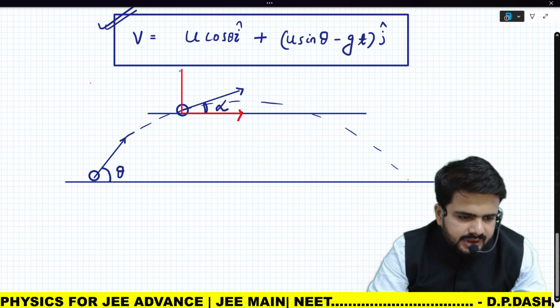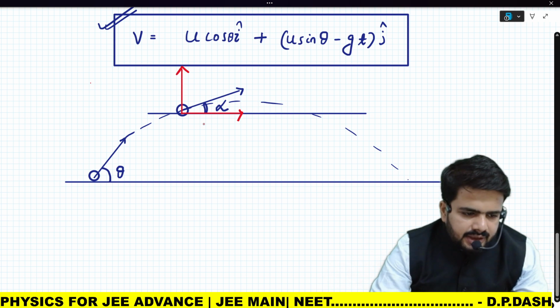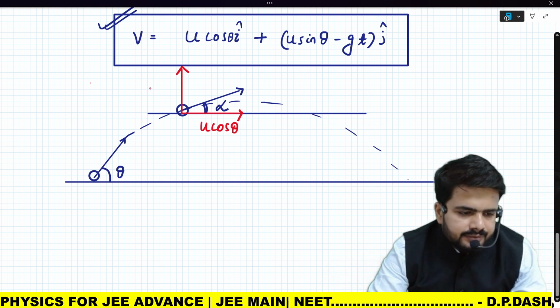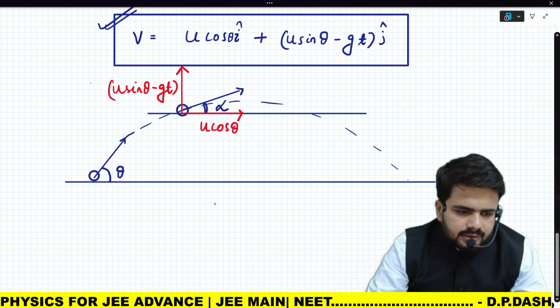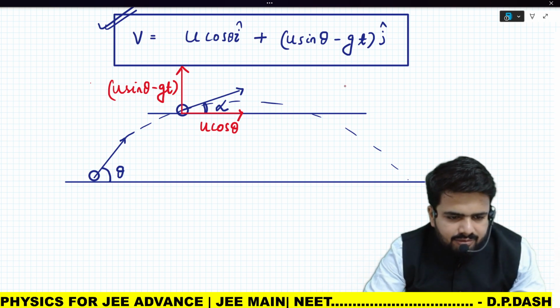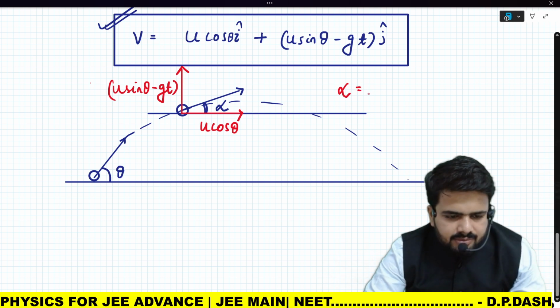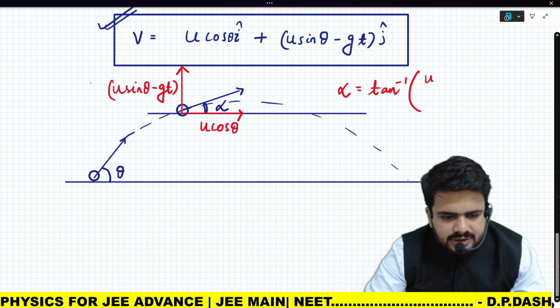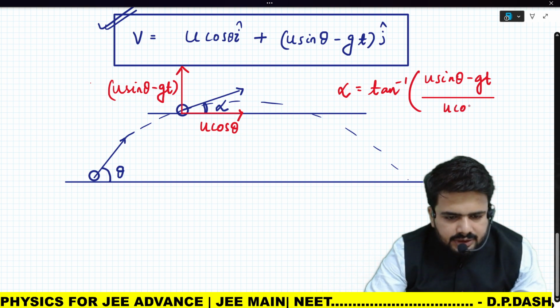One is u cos theta, which remains the same, and the vertical one is u sin theta minus gt. So here you can use simple trigonometry, and alpha will be tan inverse of u sin theta minus gt by u cos theta.